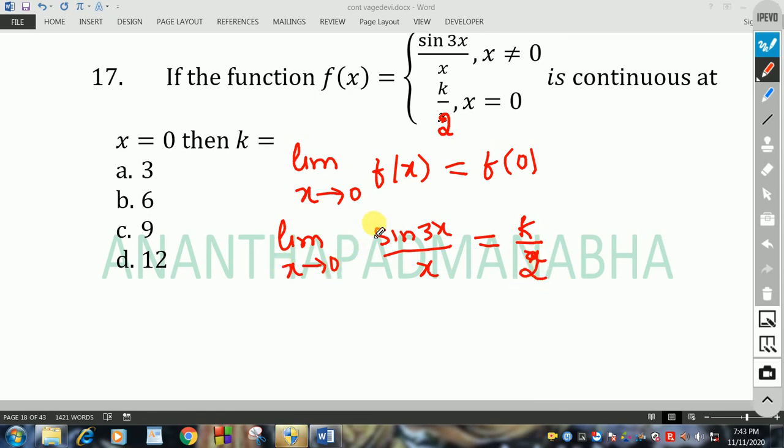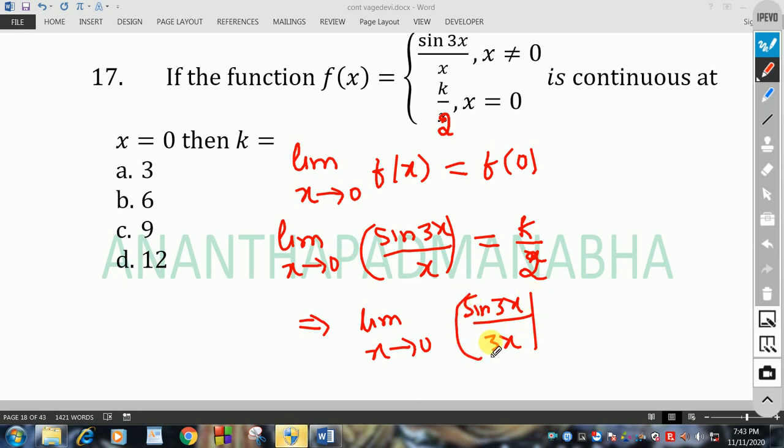So now limit as x tends to 0 of sin 3x by x is equal to k by 2. We can rewrite this as limit as x tends to 0 of sin 3x by 3x, into 3, which is equal to k by 2.